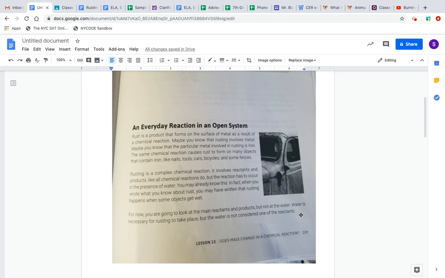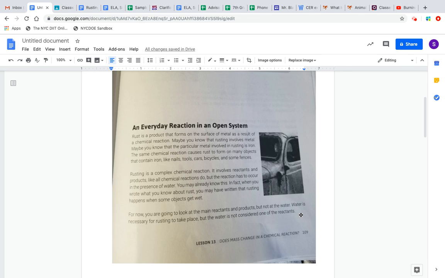And then when you come back, this is what you're listening to. An everyday reaction in an open system. Rust is a product that forms on the surface of a metal as a result of a chemical reaction. Maybe you know that rusting involves metal. Maybe you know that the particular metal involved in rusting is iron. The same chemical reaction causes rust to form on many objects that contain iron, like nails, tools, cars, bicycles, and some fences. Rusting is a complex chemical reaction. It involves reactants and products, like all chemical reactions do, but the reaction has to occur in the presence of water.